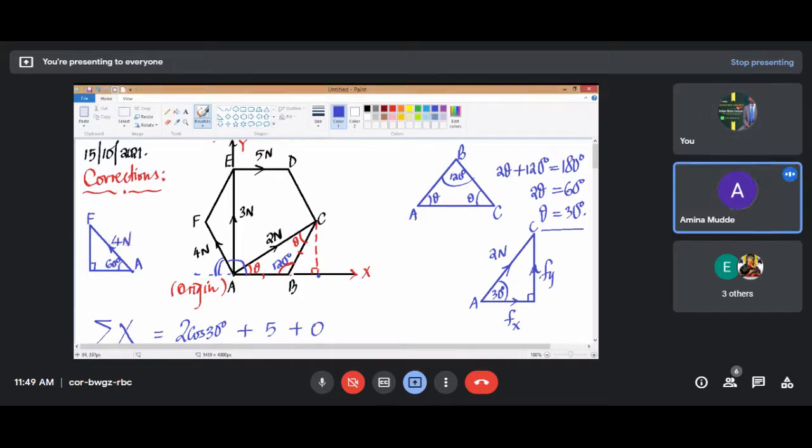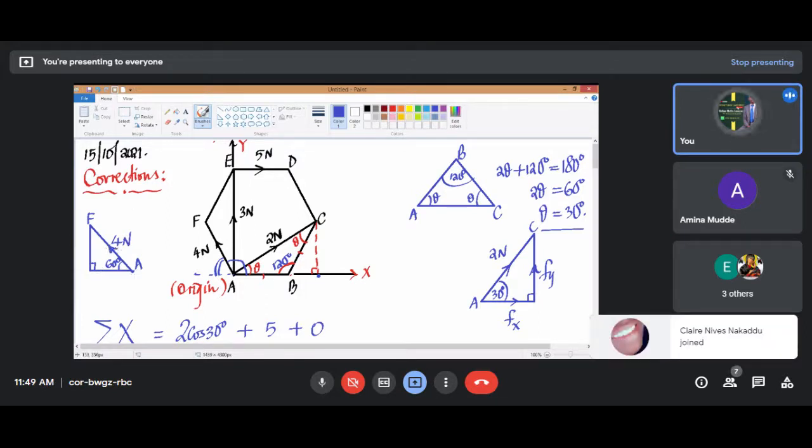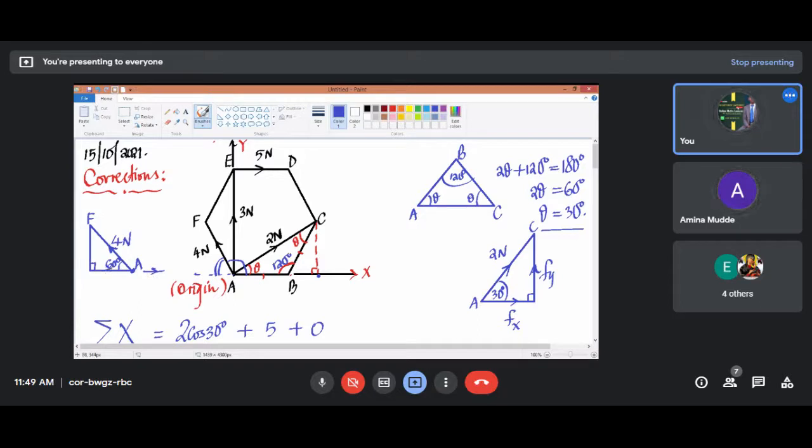Yes, teacher. So the horizontal component, will it be negative or positive from A? Will it point towards this side or the other side? Negative. Yes, it's negative. Then the vertical component is positive.